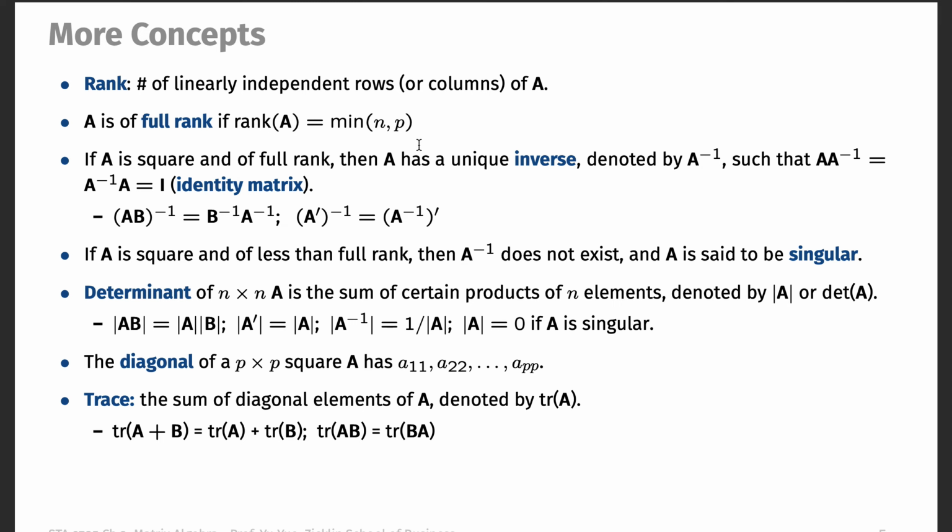And if A is full rank, meaning that all the rows or all the columns are linearly independent, then the rank is equal to the minimum of n and p. So if A is n times p, the maximum possible rank of A is the smaller of n and p, in which case A is said to be full rank.